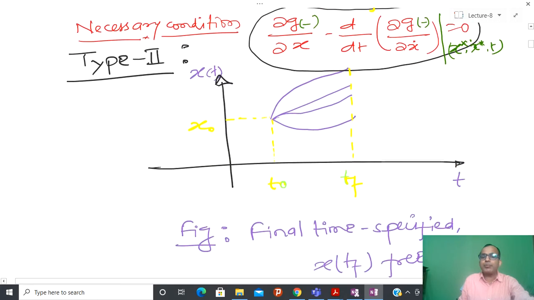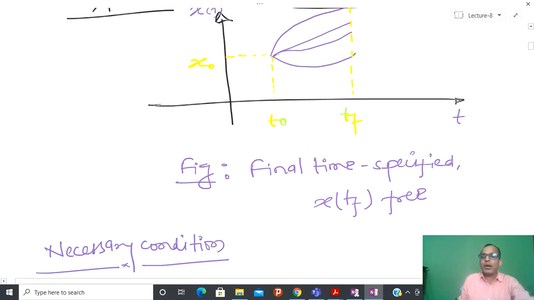After that, in type 2, we assume that initially t0 and x0 are fixed, and tf is also fixed, but xf is not fixed. So we have this kind of admissible trajectory, and out of these trajectories again I have to find x star such that the same functional keeps a relative extremum or optimum value.